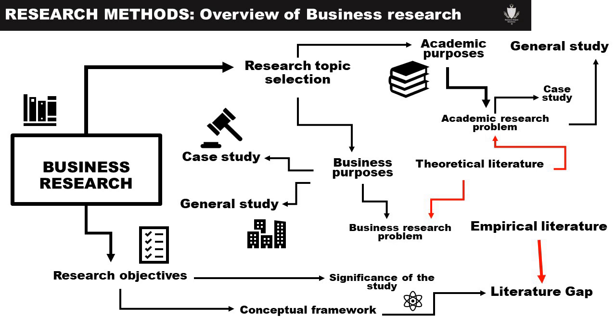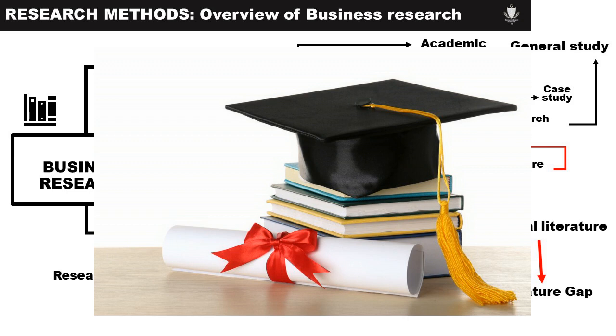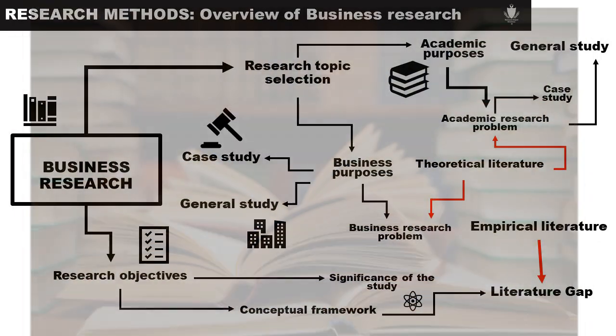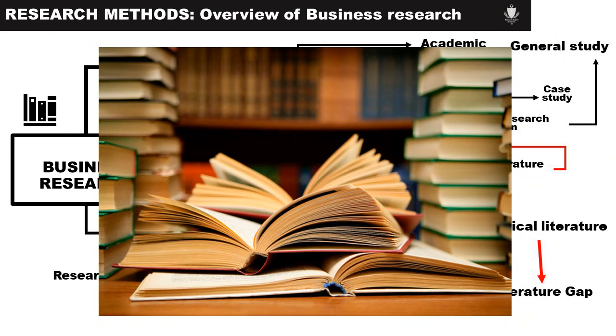So if you decide to go for a topic because you are doing it for academic purposes, say maybe you are a student at a particular university, then the major key in coming up with the problem should be linked to trying to solve an academic problem.